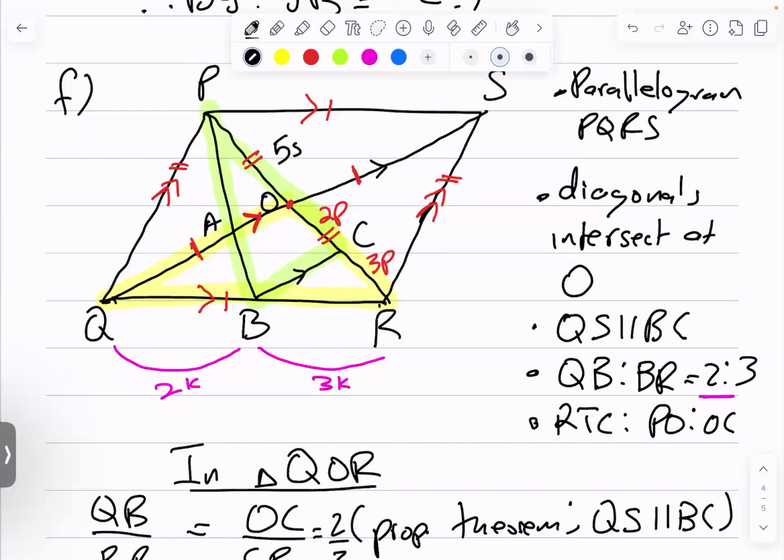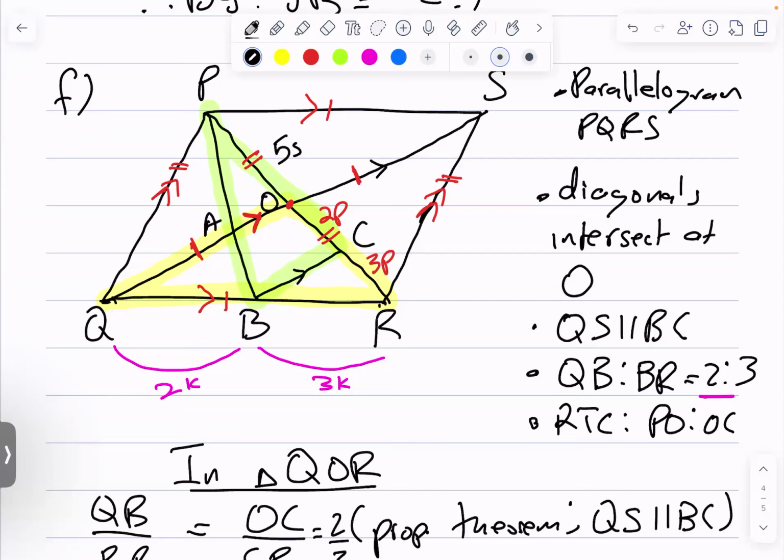The diagonals bisect each other equally. So I didn't see the need to write 5S, to give PO a different letter. So you didn't see the need to put a different letter for PO because they're equal, isn't it? Yes.